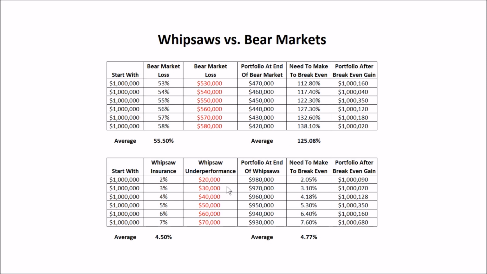So let's say hypothetically we throw the risk management into the trash can and then we lose 55% of our principal. We're going to have to make 125% just to get back to break even. This type of underperformance here can literally be made up in a day or a few days in a bear market.